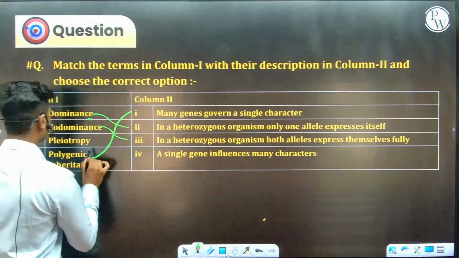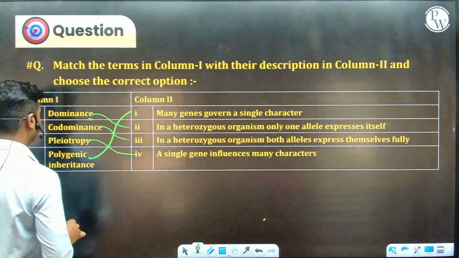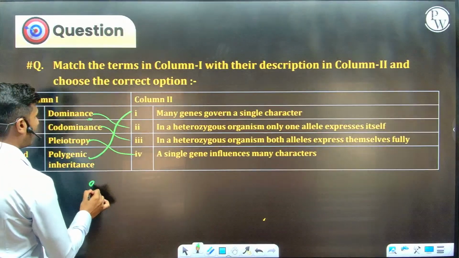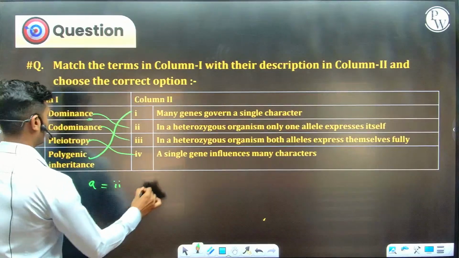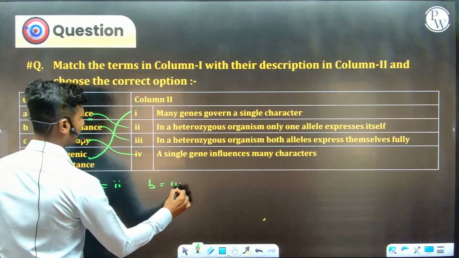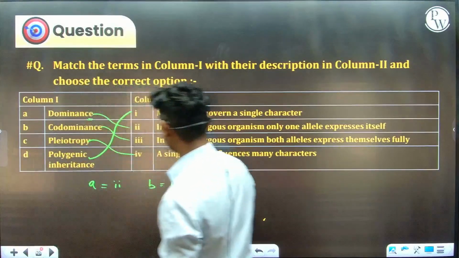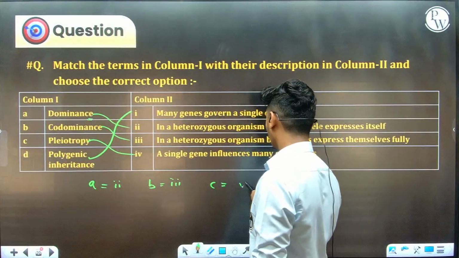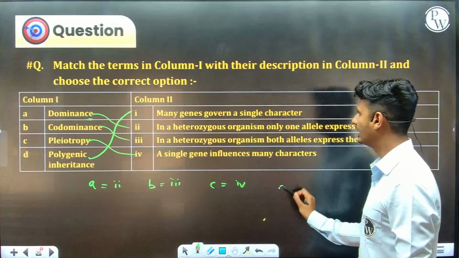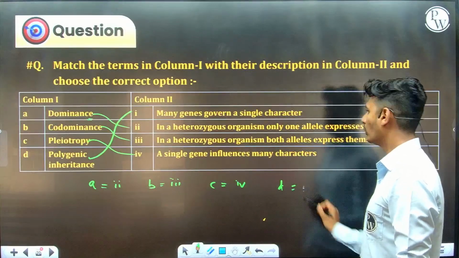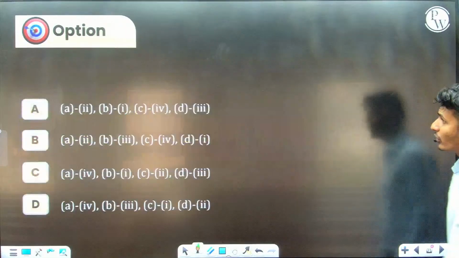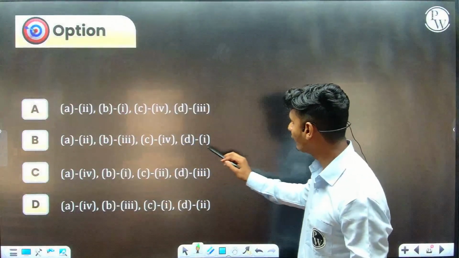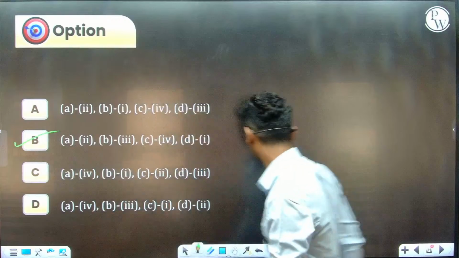A single gene influencing many characters is pleiotropy. So A2, B3, C4 and D1. B is the correct answer.